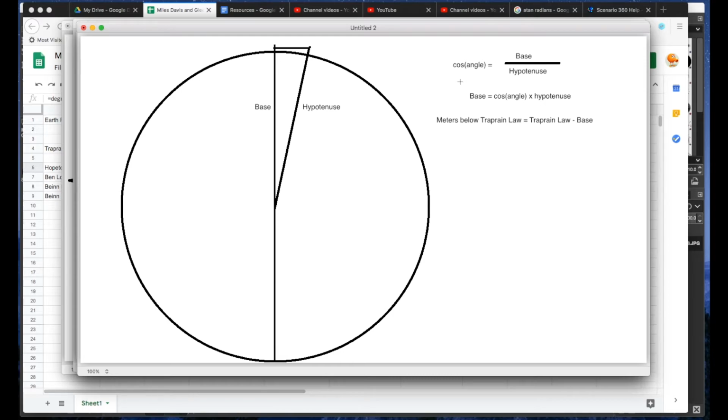And I calculated that by using the cosine of the angle that I calculated earlier, which equals the base divided by the hypotenuse. And I know the hypotenuse, and I'm trying to calculate the base, which happens to be the cosine of the angle times the hypotenuse. And meters below Traprain Law is going to be the height of Traprain Law minus the base that I just calculated.